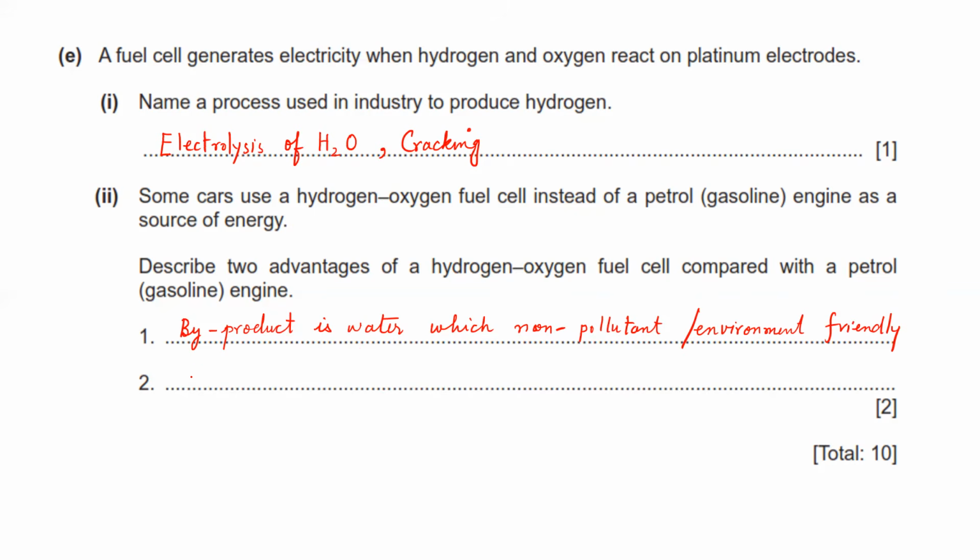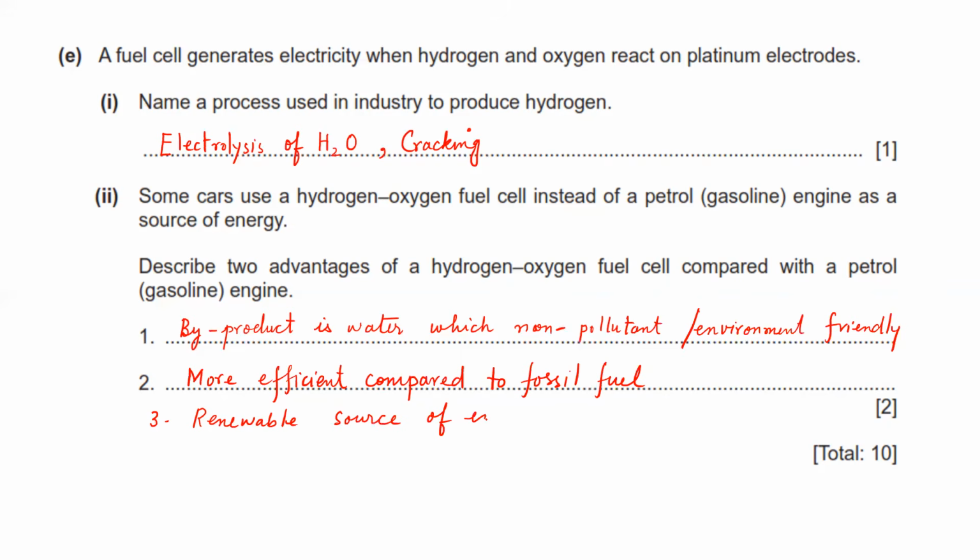Then it is generally more efficient compared to fossil fuels. Overall, this process is more efficient. Number 4, renewable source of energy. So these are three of the advantages.